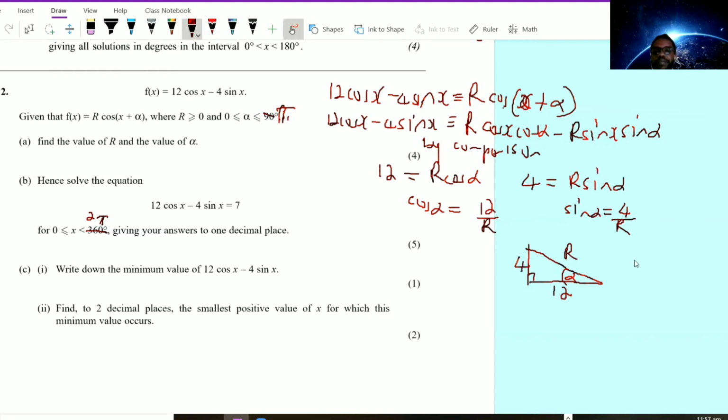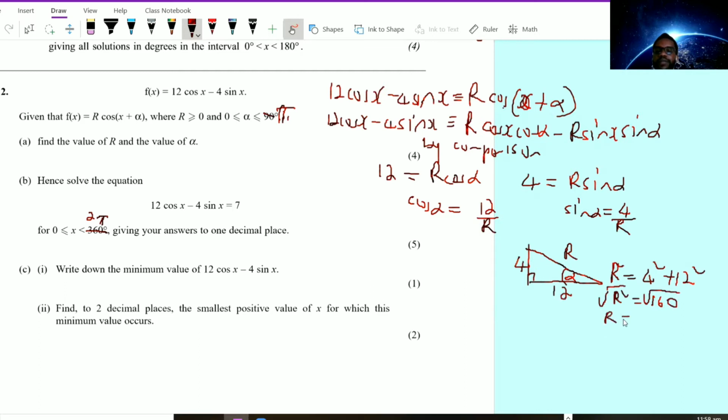Now, this brings in Pythagoras' theorem, which says that r squared would be equal to 4 squared plus 12 squared. So r squared would be equal to 144 plus 16, which gives me 160. So r squared is equal to 160.